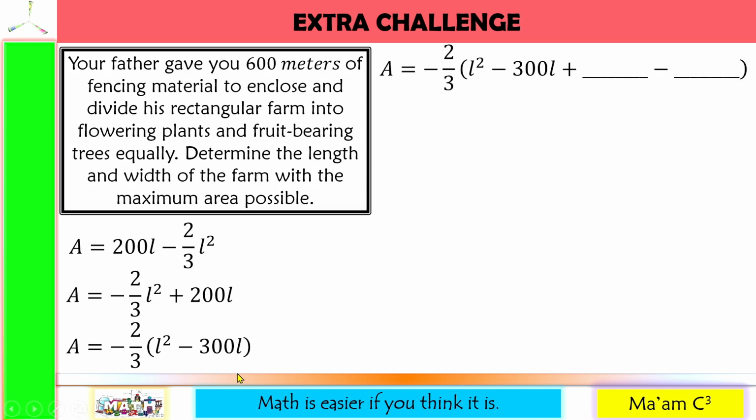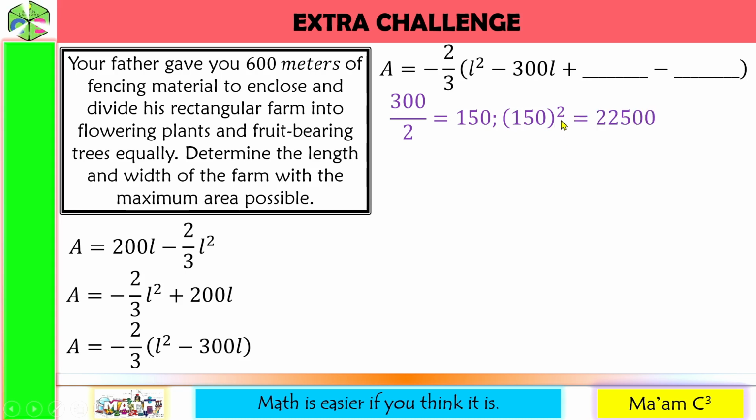So let us determine the numerical coefficient of our middle term, and that is 300. Again, it doesn't matter if you include the negative sign or not, because after all, we are going to square the answer later. Divide this by 2 into half, and 300 divided by 2 is 150. And then we are going to square this, and this is equal to 22,500.